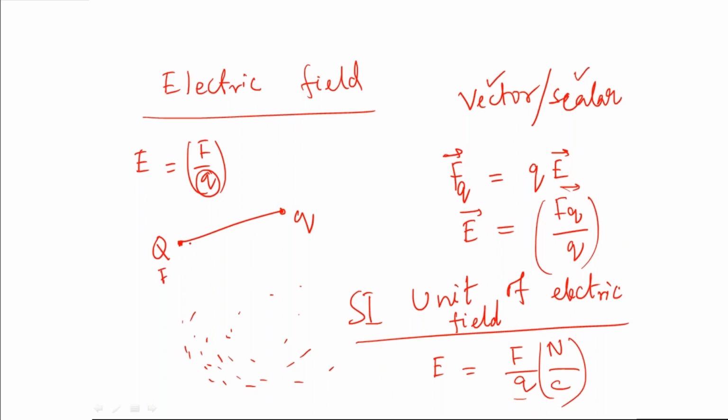Same magnitude of the force in this way. This will be pushed by the small q as it is pushing this way. According to Coulomb's law, both the charges will be experiencing the same force, and since these are both positive, they will be pushing each other with equal and opposite force. So the capital Q also will be experiencing a force.